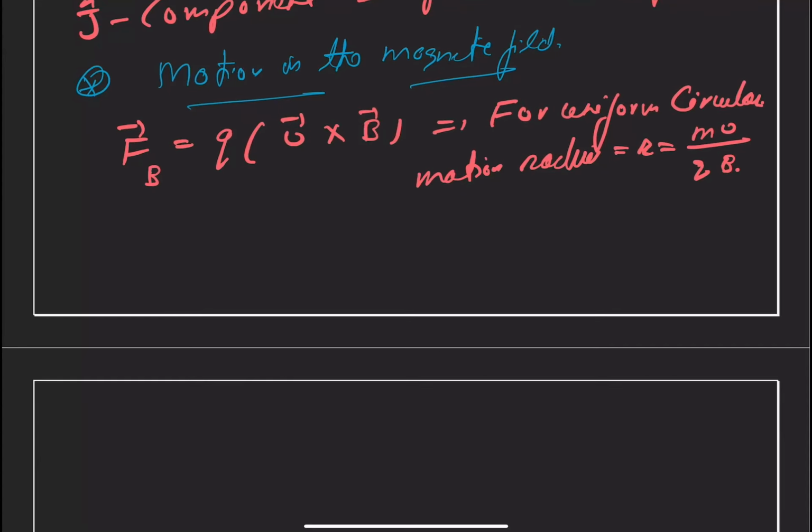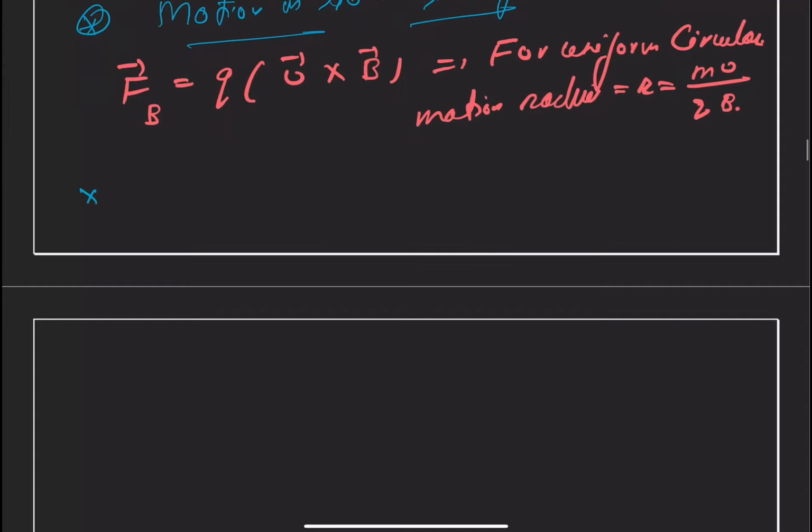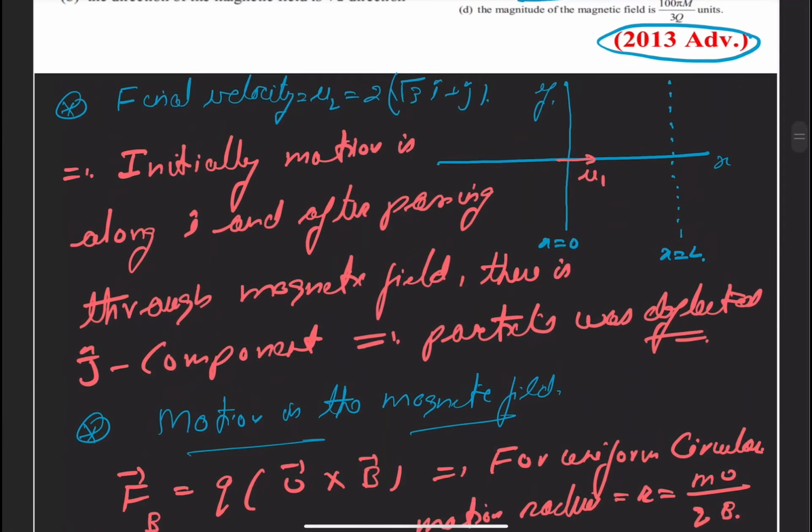Now let's find out what will be the angle of deflection by which it will be deflected. As there will be addition of a y component, let us suppose this is the point where the magnetic field ends, and after that its velocity is given as u2. So we can find out its angle. Let us suppose that angle is theta.